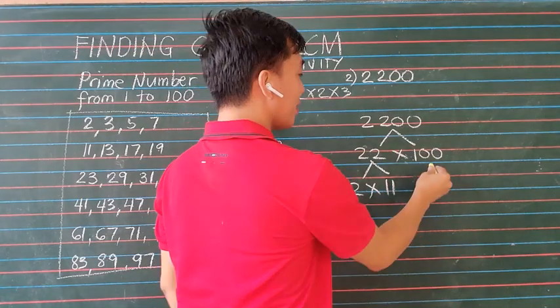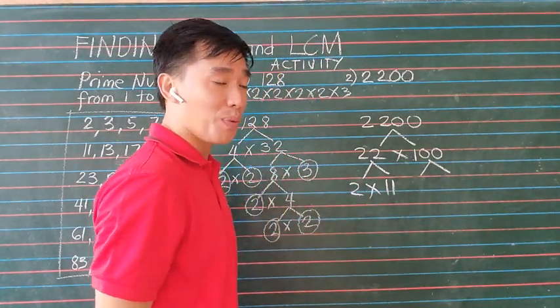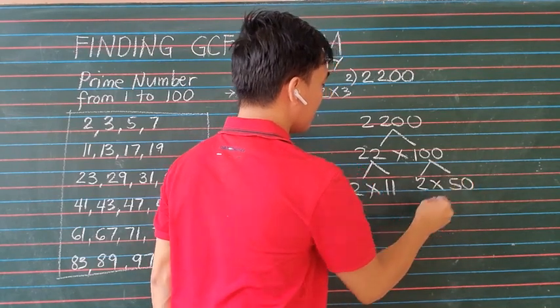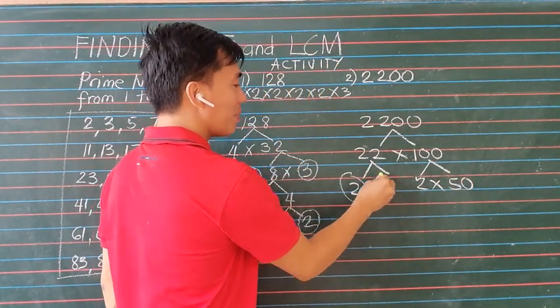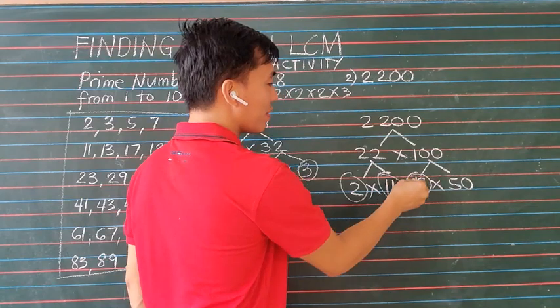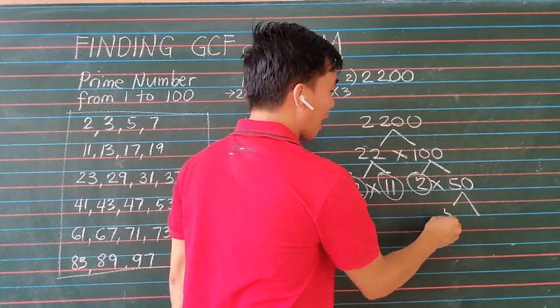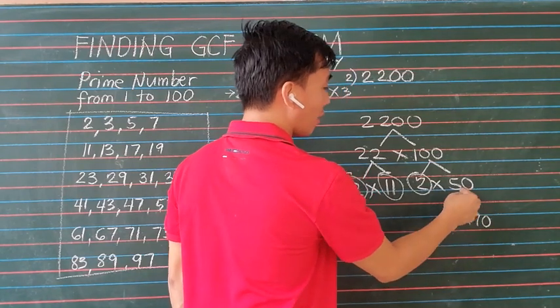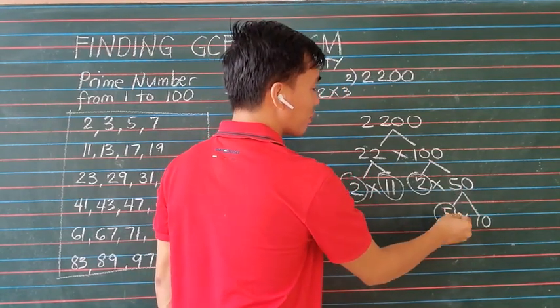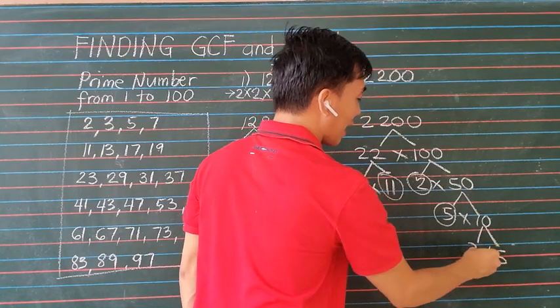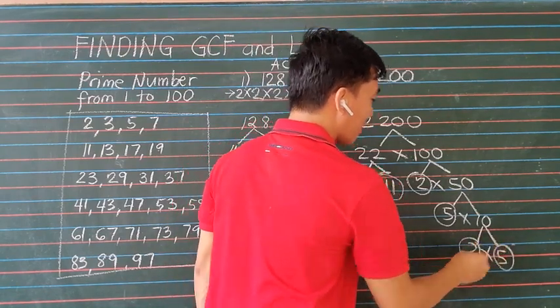And 100 at the same time is not yet a prime, so that could be factored out to 2 times 50. 2 here is already a prime, 11 is a prime, 2 here is a prime. 50 could still be factored out to 5 times 10, obviously. So 5 is a prime, 10 could still be factored out to 2 times 5. 2 is a prime, 5 is a prime.